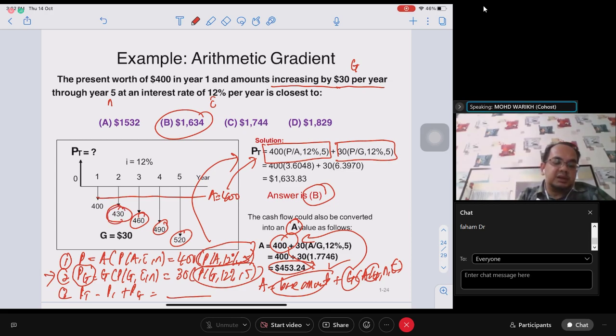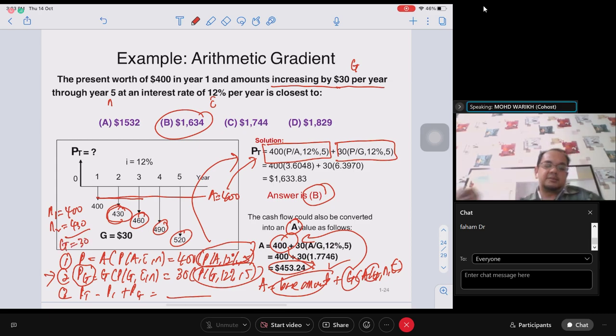Year 1 is 400 ringgit, year 2 is 430, so the gradient is 30 ringgit. So for the gradient, you have to use this formula. You have to split it into A1 and the gradient.